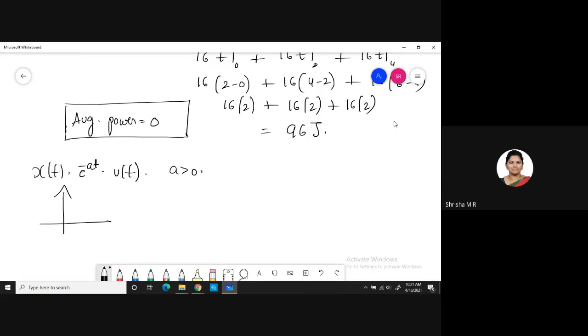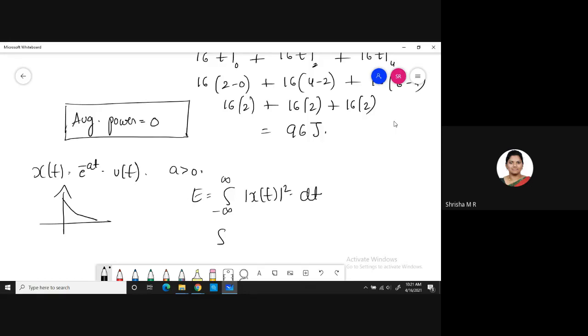It will be a decreasing exponential signal, right? It will be something like this. So it's a non-periodic signal, so you find the energy of the signal. What is the equation for energy? Integral from -infinity to infinity of modulus of x of t whole square into dt.